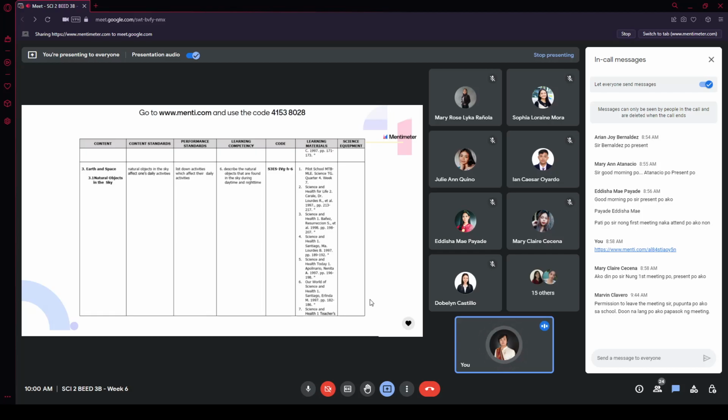This is where we can see the sun, the star, the moon, usually those things. So natural objects in the sky affect one's daily activities. So list down activities which affect their daily activities. So for example, for the moon, for elementary, they might not yet be aware of the high tide and the low tide, but probably they can answer on a simple level.